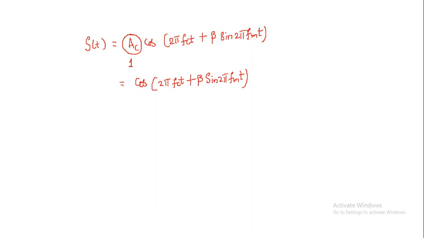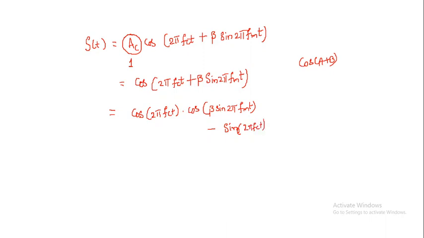So to build this equation using LabVIEW, you need to further expand this equation using the formula cos of A plus B. Okay, so this becomes cos of 2 pi fct into cos of beta sine 2 pi fmt, minus sine 2 pi fct into sine of beta sine 2 pi fmt.